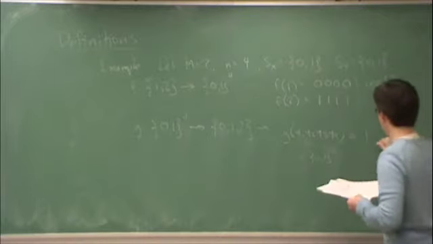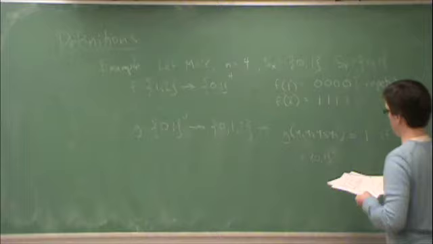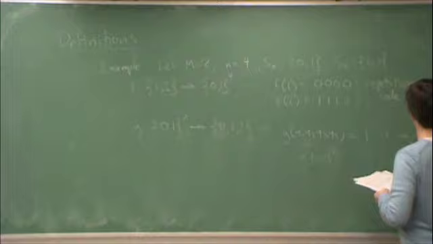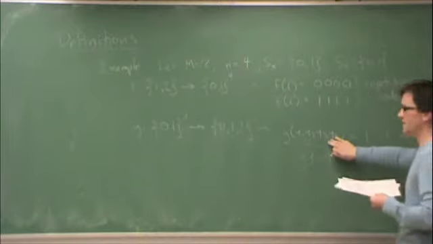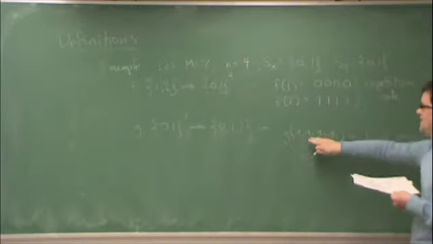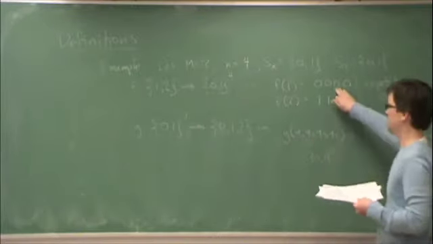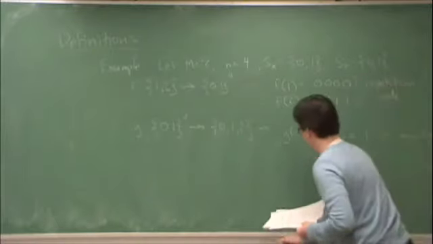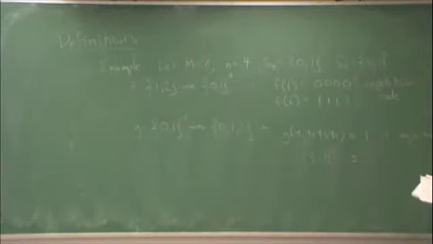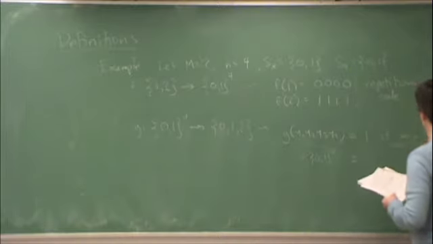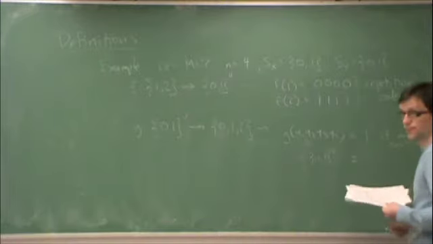So I'm going to say this is 1 if a majority of y1 to y4 is 0. In other words, if a majority of these elements are 0, I'm going to map this to 1, because it seems likely that if most of these channel outputs are 0, it probably came from the 1. There are 16 possibilities, and I'm not going to write all of them out, but that would be things like 0, 0, 0, 0, 1, 0, 1, 0, 0, and so on. Majority 0.